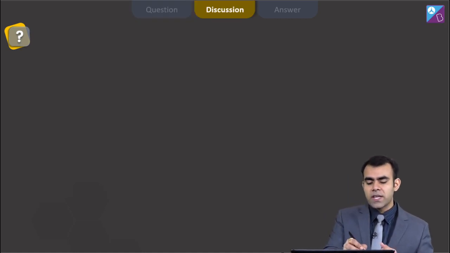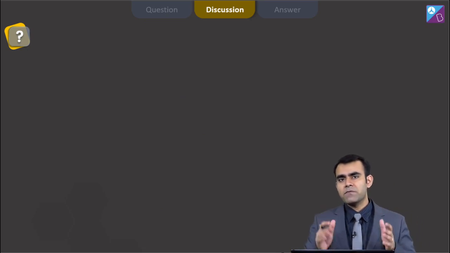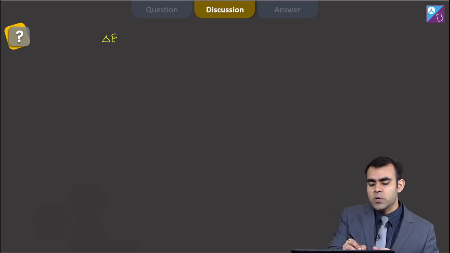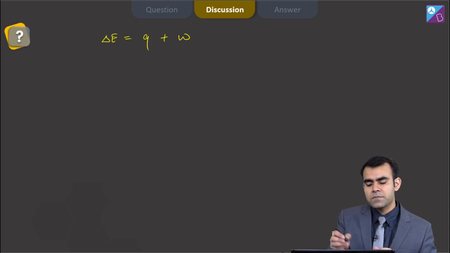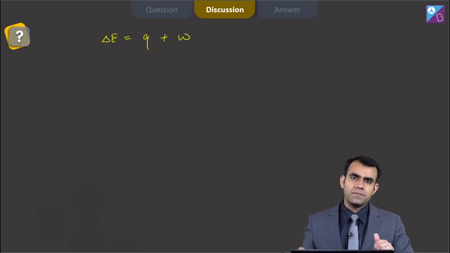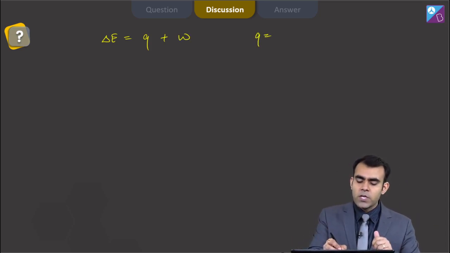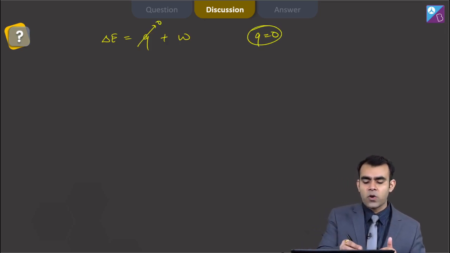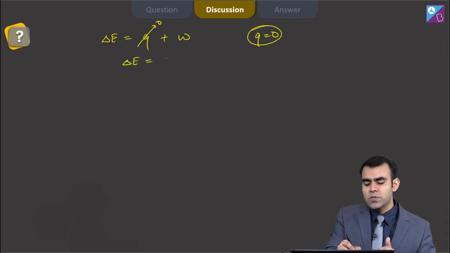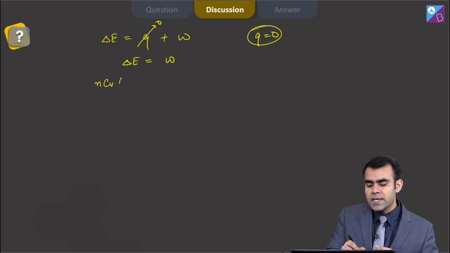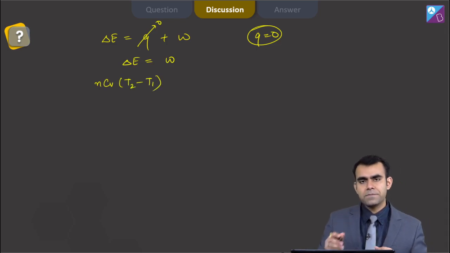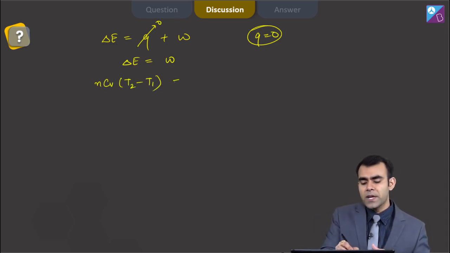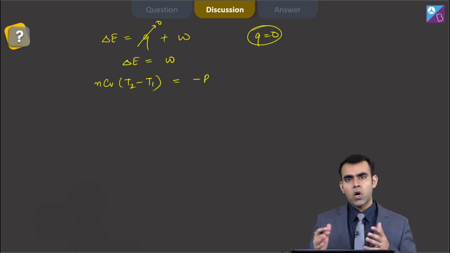In thermodynamics, the first law says that delta E is equal to Q plus W. In an adiabatic process Q is equal to 0, as there is no heat transfer between system and surrounding. It means delta E is equal to W, and delta E can be written as nCv (T2 minus T1). Similarly W can be written as minus P external (V2 minus V1), because it is irreversible.